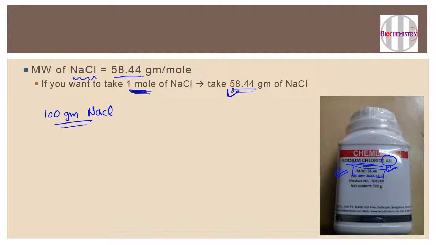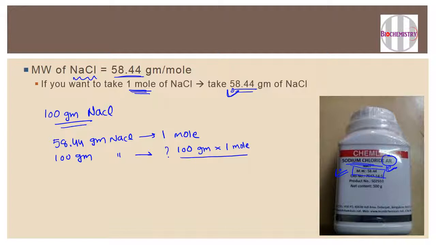To do that, we can simply say that if I take 58.44 gram of NaCl, then there is 1 mole. So if I take 100 gram of NaCl, then how many moles? For that we can cross multiply it. So 100 gram into 1 mole divided by 58.44 gram.